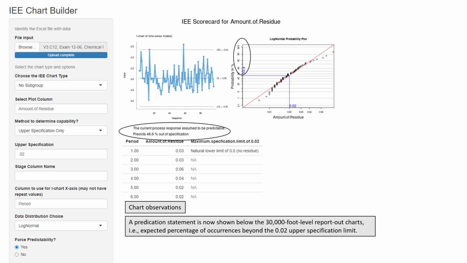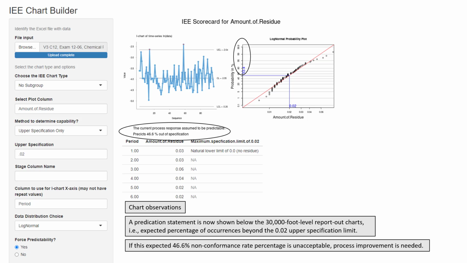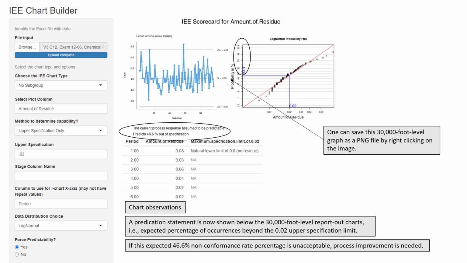That is, expected percentage of occurrences beyond the 0.02 upper specification limit. If this expected 46.6% non-conformance rate is unacceptable, process improvement is needed. One could save this 30,000 foot level graphic as a PNG file by right-clicking on the image.